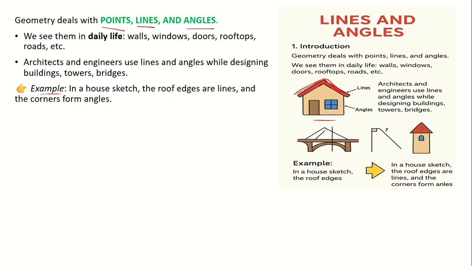Professionals like architects and engineers use lines and angles while designing houses, bridges, towers, and big buildings. For example, when an architect or engineer draws a sketch of a house, the roof edges are lines.